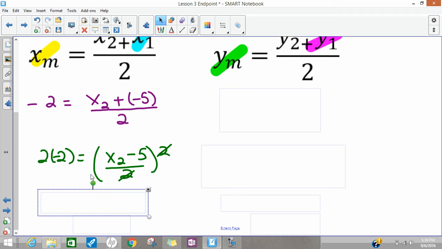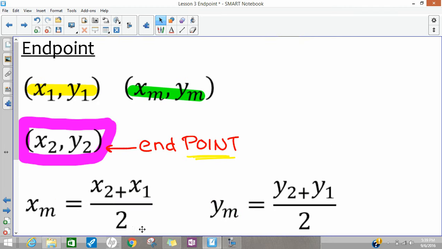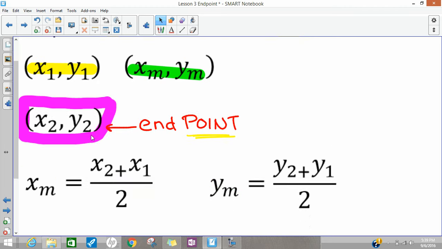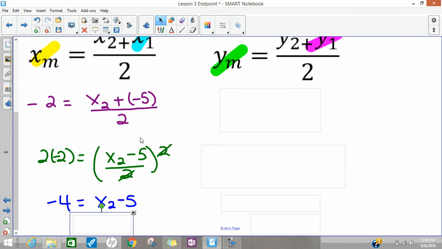Make sure this negative stays with the 2. Gives me negative 4 on this side. X2 minus 5. So I'm going to add 5 to both sides and get that X2 is 1.